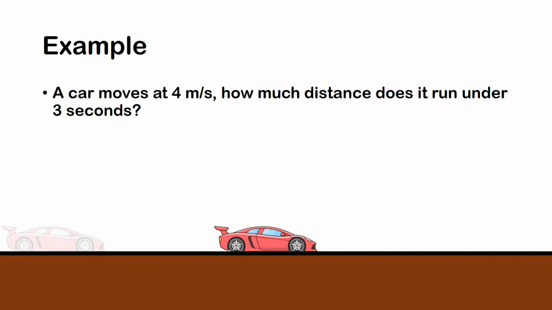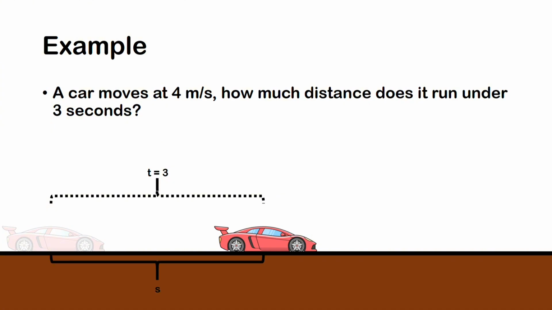But it's actually the same car, photographed 3 seconds apart. 3 seconds ago, my car was on the left side, and now, as 3 seconds have passed, it's in the center. And in these 3 seconds, S amount of distance was covered at a velocity of 4 meters per second.